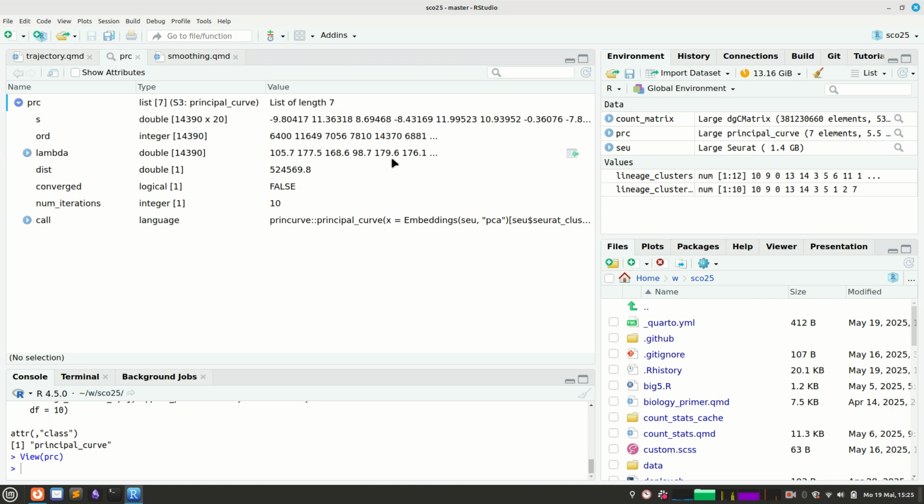Lambda is the distance from here to a cell. So for example, if I have this cell here, I can say, yeah, let's draw it like this. Imagine we have points like this here. I can find a curve such that if I project them onto it, the sum of these squared distances is small, and then this gives an order of the curve points.